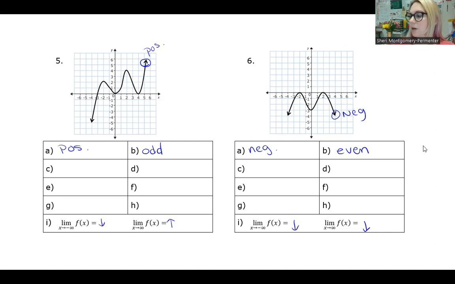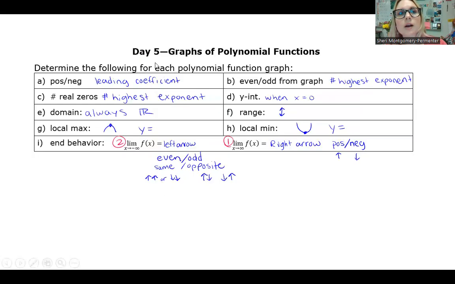C says the number of real zeros. So we're going to go here and count how many times your graph touches or crosses the x-axis. For this one, how many times? 1, 2, 3. Oh, okay. I should change this or add to it.